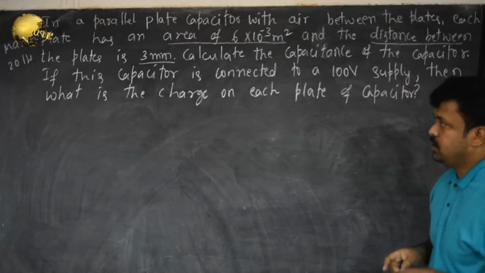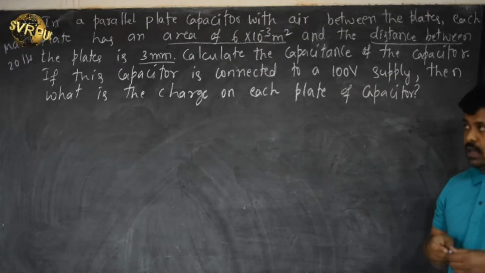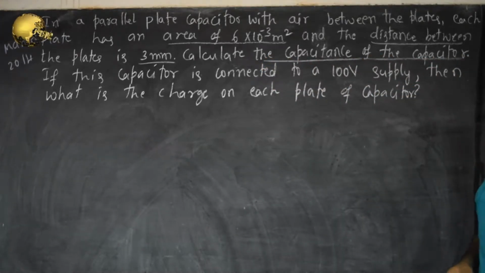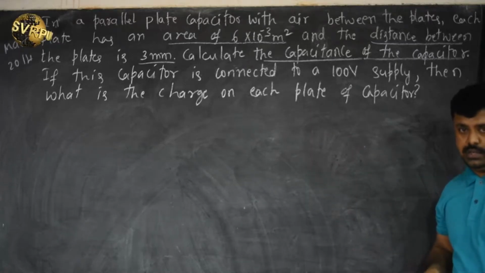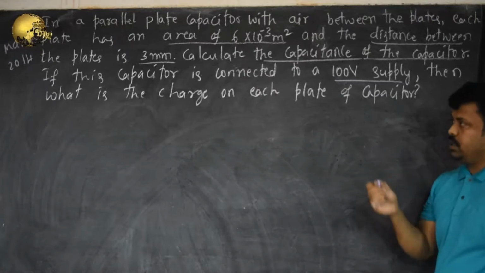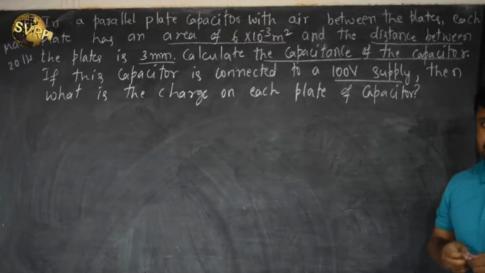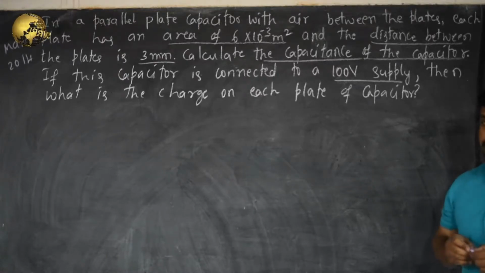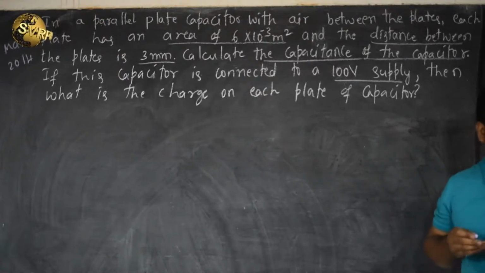Calculate the capacitance of the capacitor. So the first one we need to calculate is the capacitance of the capacitor. Later, if this capacitor is connected to a 100 volt supply, then what is the charge on each plate of the capacitor? That's the second part of the question.